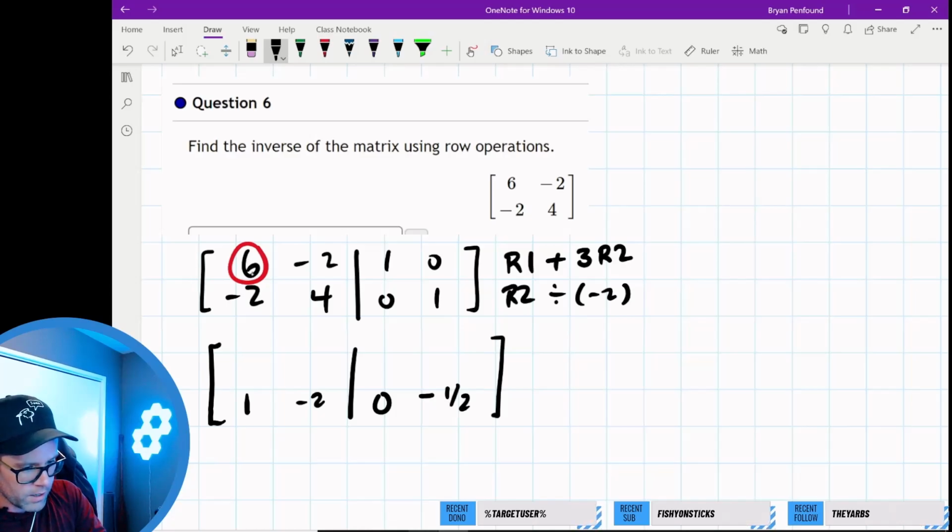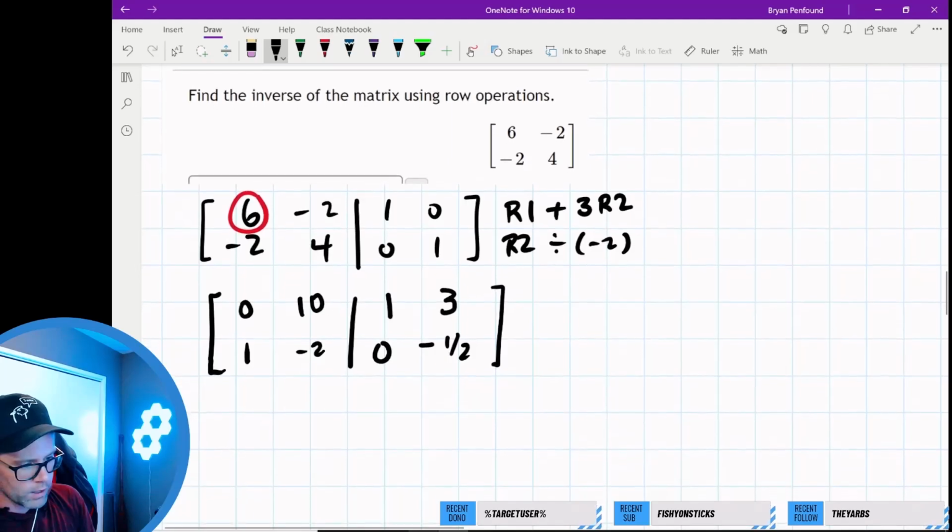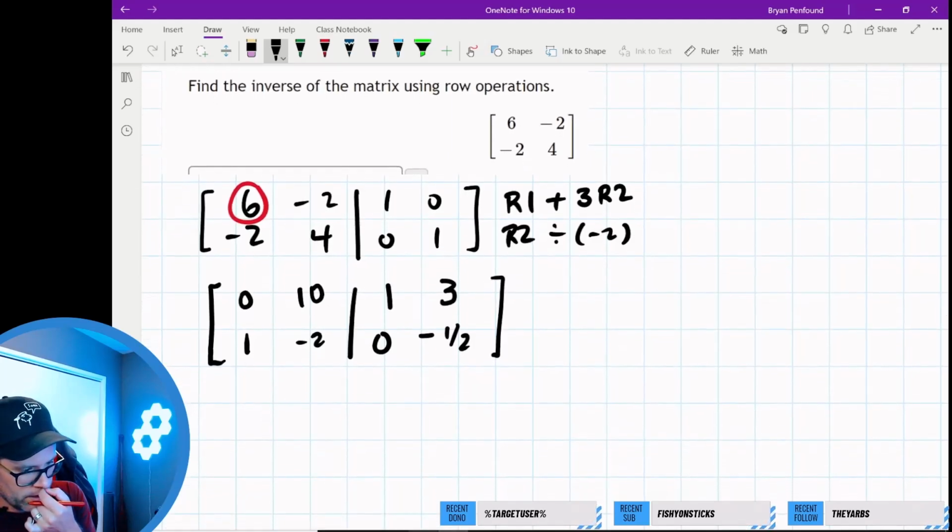And then I should have 6 plus 6 for 0, negative 2 plus 12, which is 10, 1 plus 0, and then 0 plus 3. So those should be my new row 1 and row 2. And then I suppose what we need to do is, let's swap.